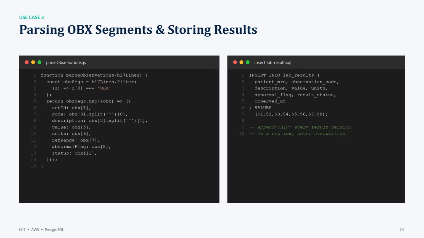That's intentional. For clinical data, you generally want a complete history of every value that was ever reported, not just the last one. On the code side, parseObservations simply filters for OBX segments and maps each one into a clean object ready to insert.